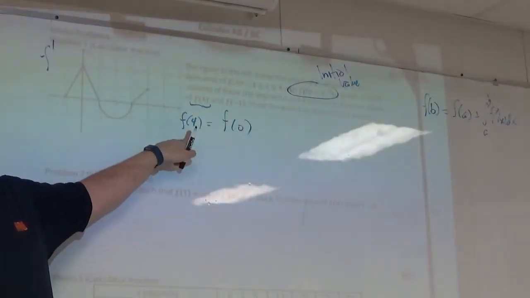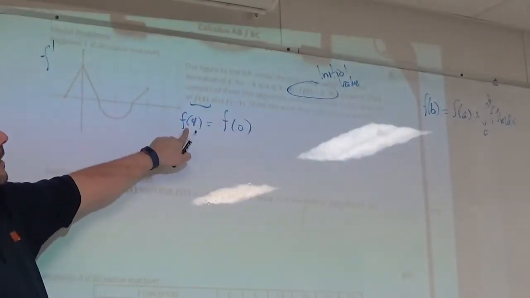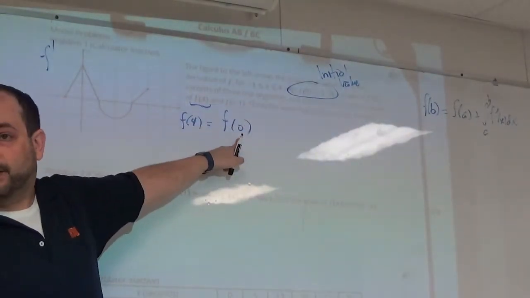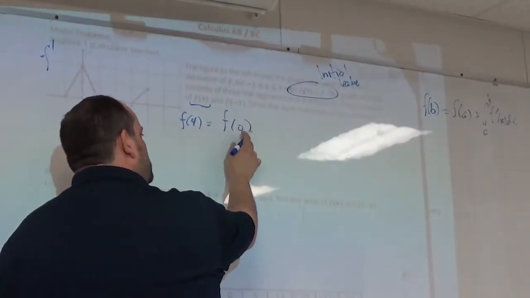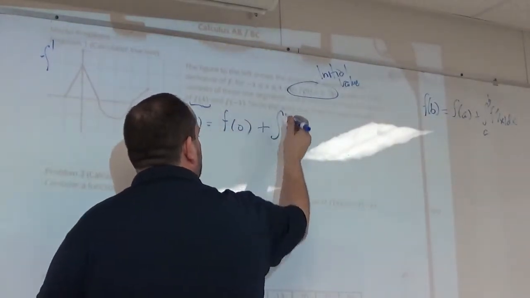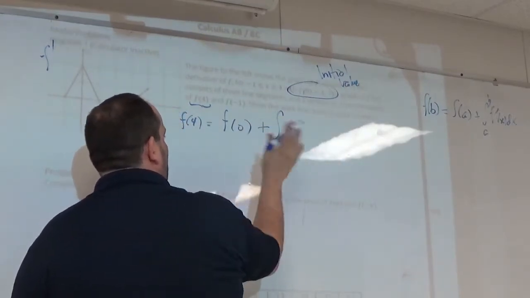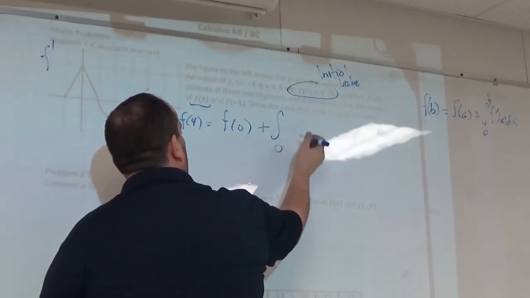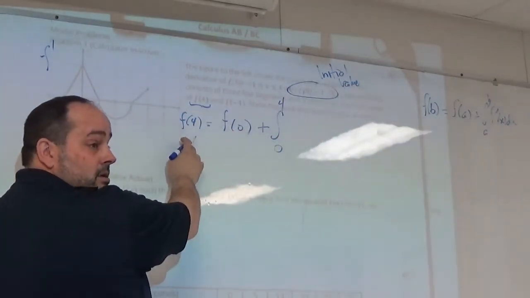F of 4 is what I want, f of 0 is what I have. This is where I'm ending, this is where I'm starting. The fundamental theorem of calculus says that this value equals this one plus an integral from where to where? From a to b, from 0 to 4, from where I start to where I end.